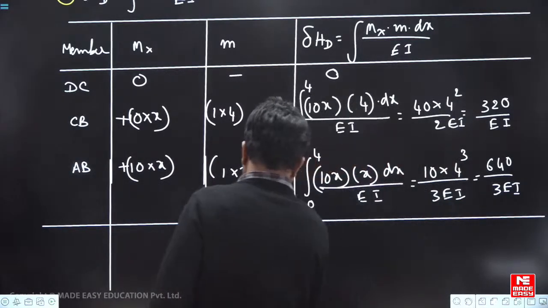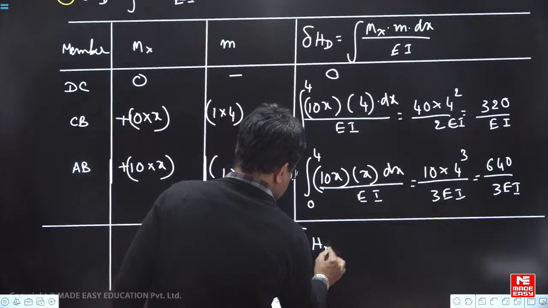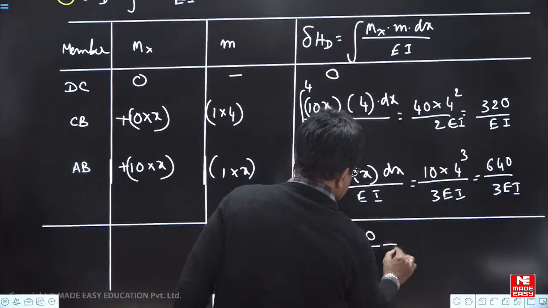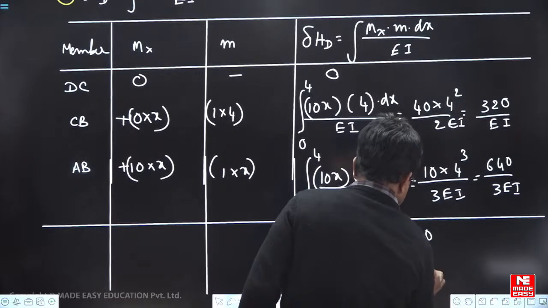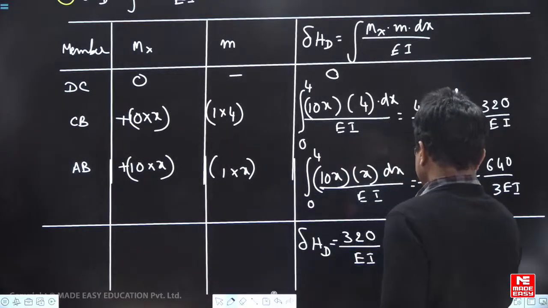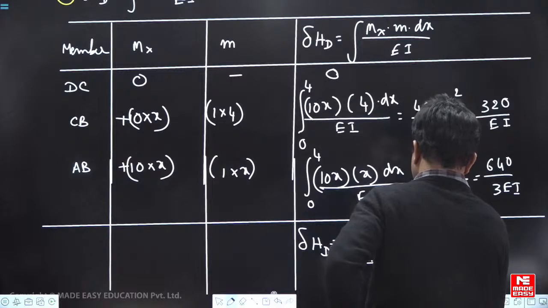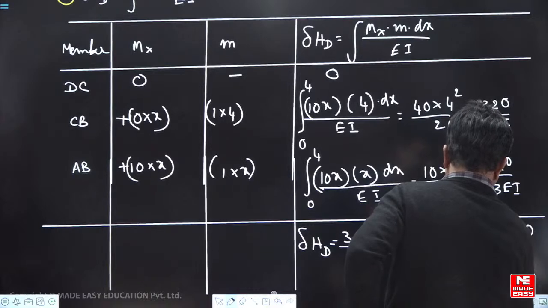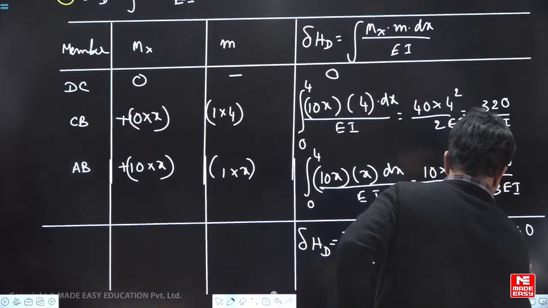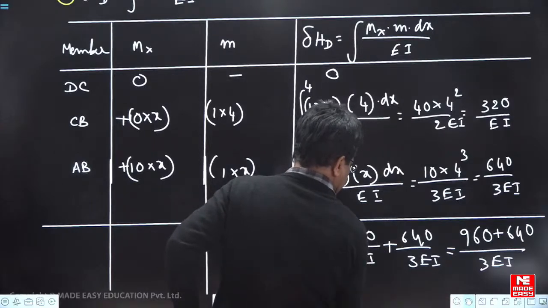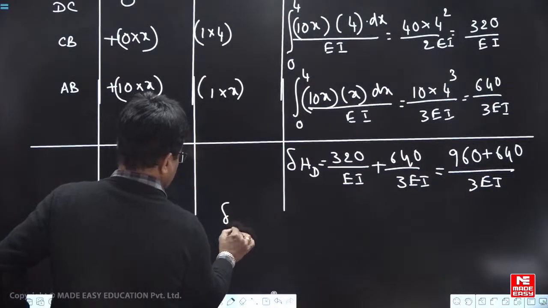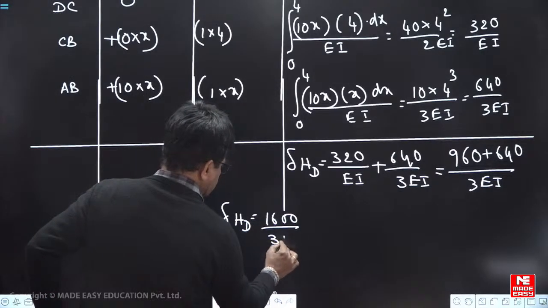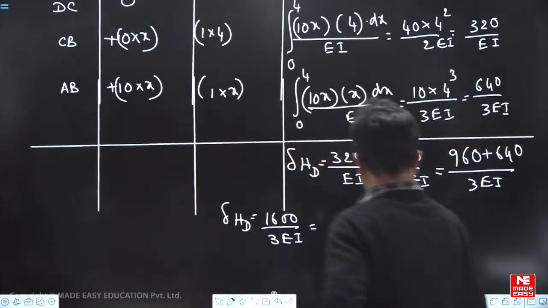First member is 0, delta HD. If you add them, 320 by EI plus 640 by 3 EI. 3 EI common factor, 3 into 3, 960 plus 640 by 3 EI. So delta HD you will get 1600 by 3 EI, right?